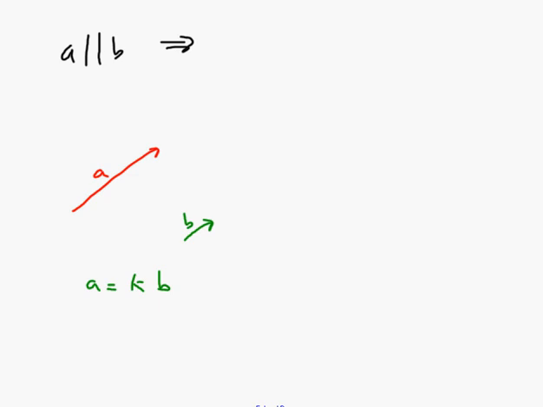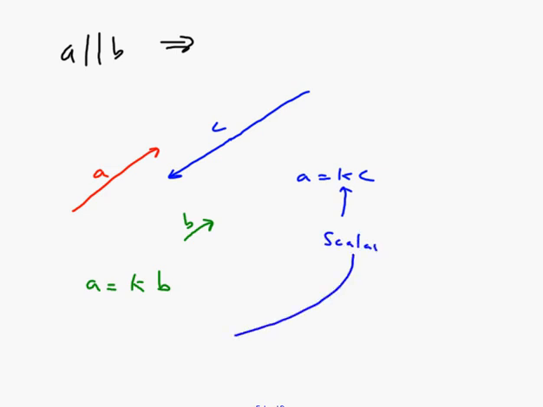If for some reason the third vector I'm thinking about goes like that, maybe much longer, I call that vector C, then the same is true. Vector A must be some scalar k times C. Let's be clear that these are scalars.